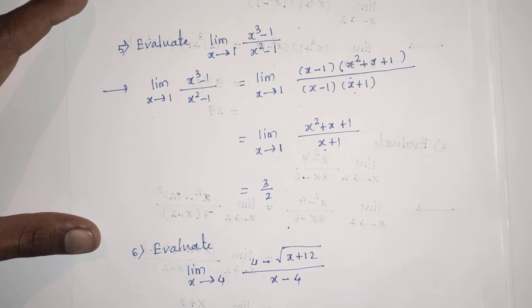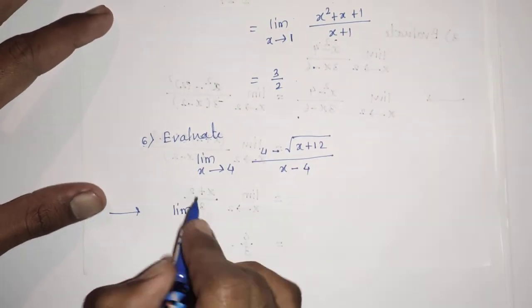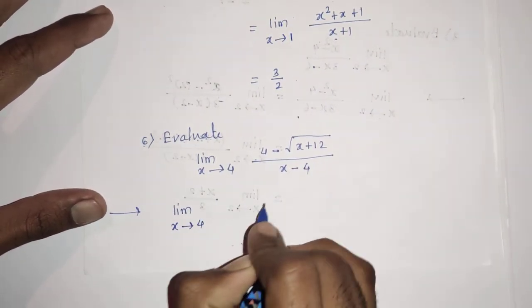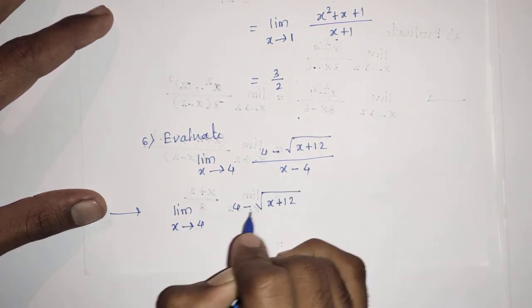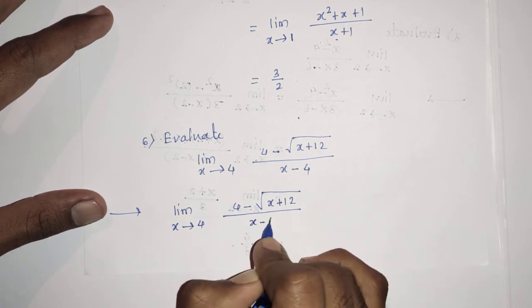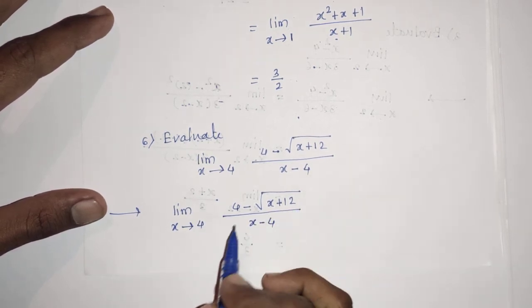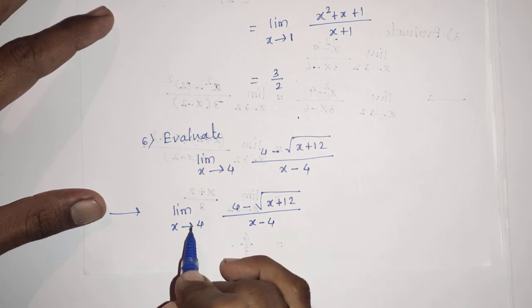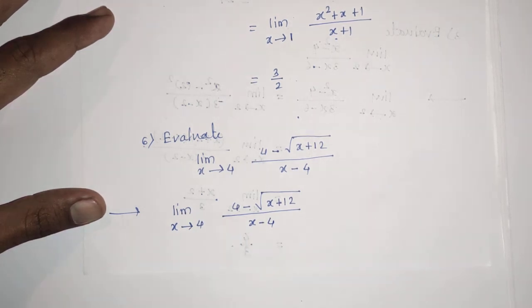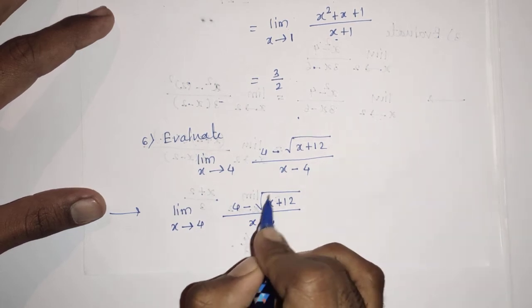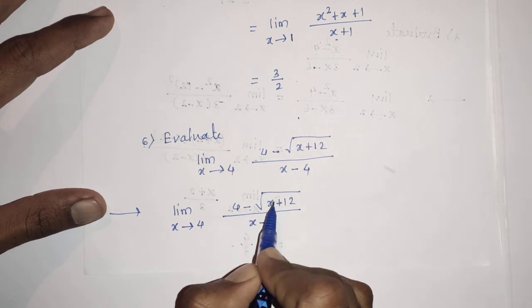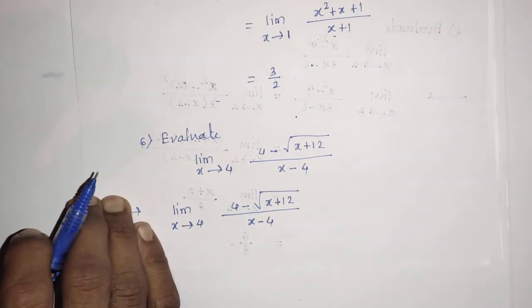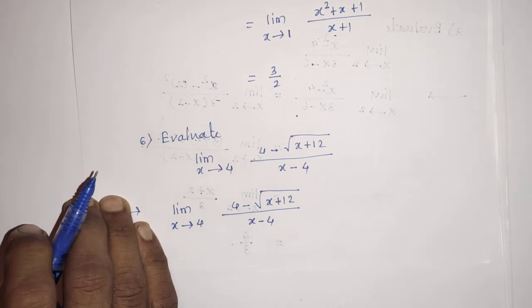Now to solve this example, here limit x tends to 4, f of x is 4 minus square root of x plus 12 divided by x minus 4. Now here if we put x is equal to 4, then we get 4 minus square root of 4 plus 12 is 16 and square root of 16 is 4. So we get 4 minus 4 is equal to 0.